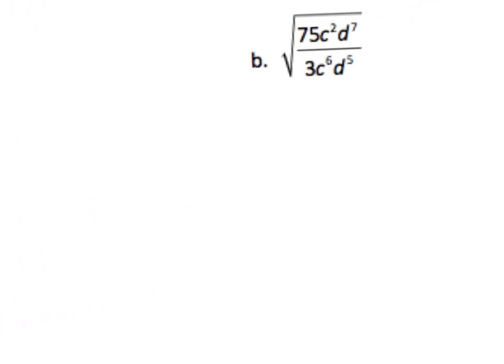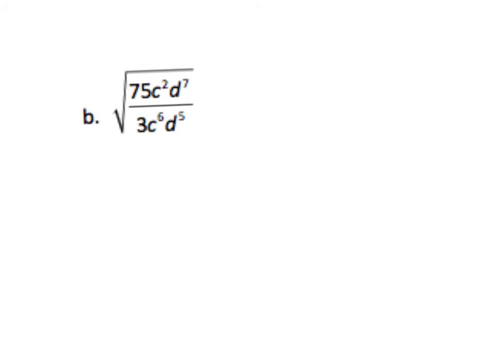Alright, let's take a look at another example with division. Like I said before, you always want to check to see if you can simplify within the square root first, and if you can't, then we take the square root at the top and at the bottom. So first I look at, can I simplify 75 over 3? Yes, you can.